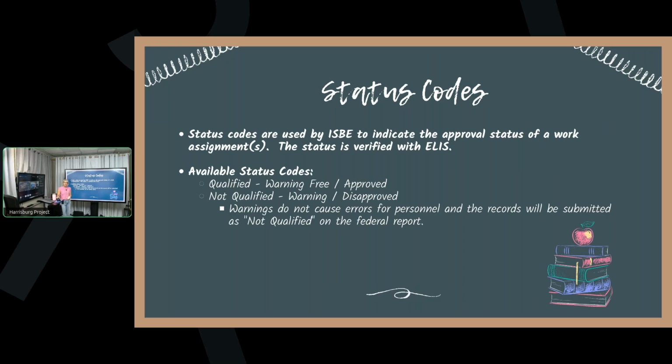We'll help you as much as we can. We work in the regional superintendent's office. We're contracted through them, and sometimes we go ask them for help too. We'll do our best to help you figure out why somebody's not qualified. Sometimes we just can't figure it out, and that person's going to have to contact ISB. But we're still going to report them even if they're not qualified.